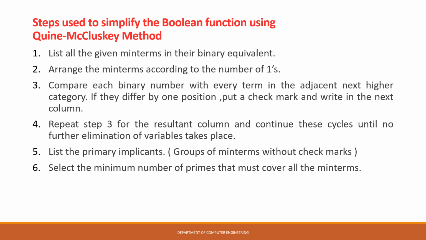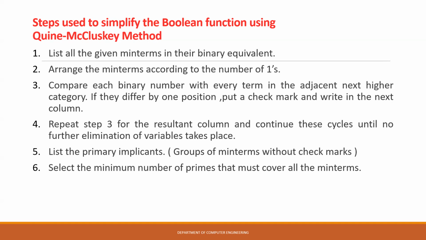Likewise, decimal 3 can be represented as 1, 1, meaning decimal 3 contains 2 ones. So in the second step, we have to arrange the minterms according to the number of ones present in them. Third, compare each binary number with every term in the adjacent next higher category.